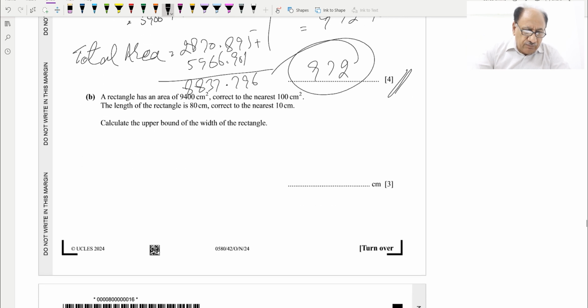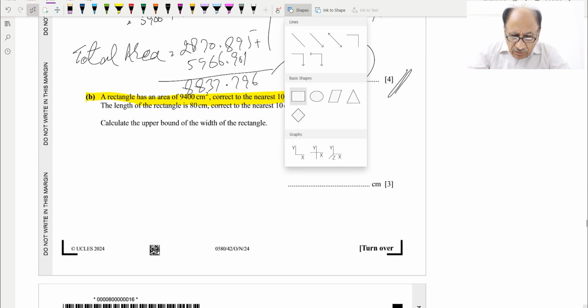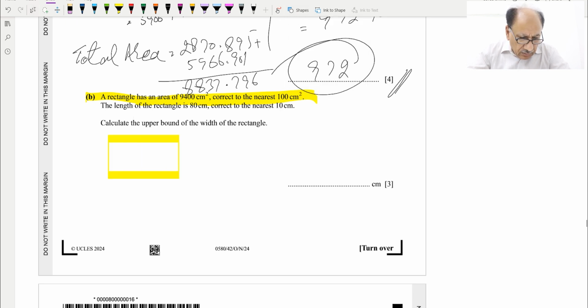And now that this B part we can go through. Rectangle has an area of 9400, correct to the nearest 100. So this is basically the rectangle which we can draw.